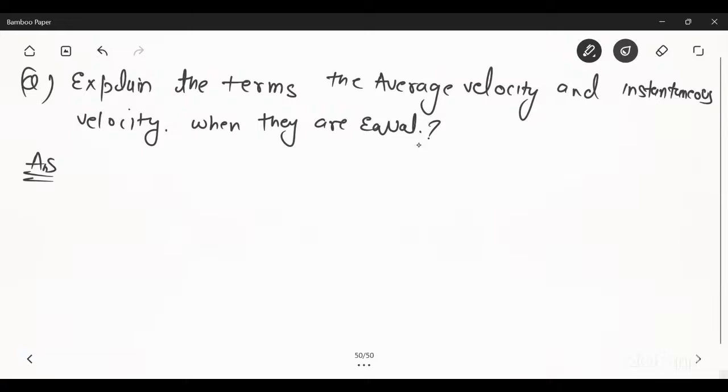Now first is your average velocity. So what is the average velocity?